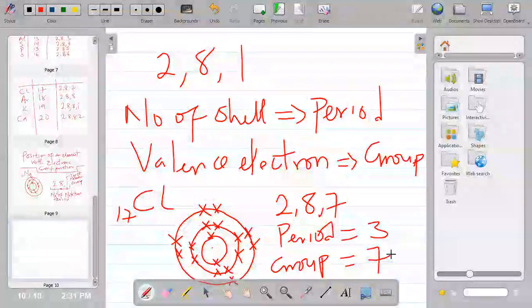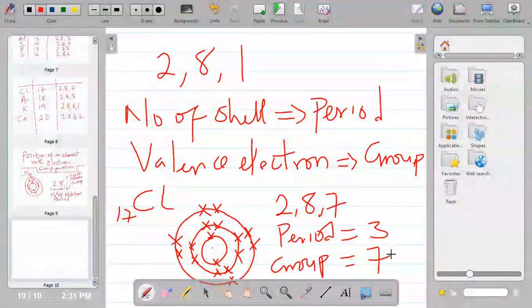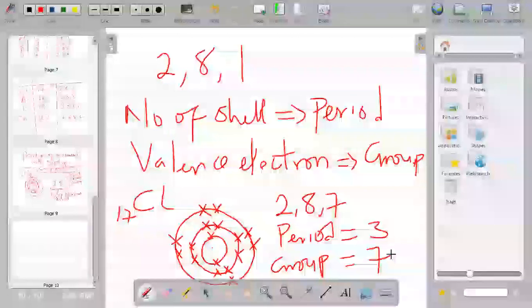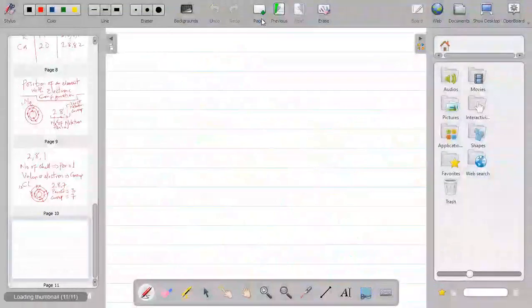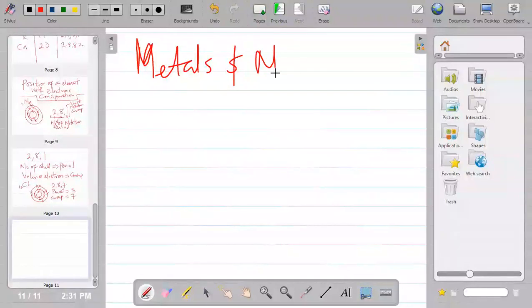Now, the periodic table, like we said earlier, is a table which contains elements. And it doesn't just contain elements, it also gives us information about the properties of the elements. When I say properties, we should understand that the periodic table consists of elements that are metals and non-metals.